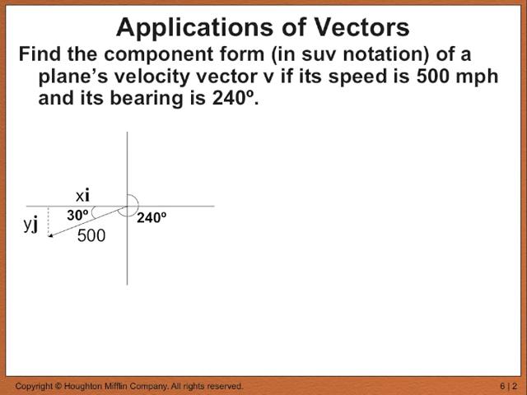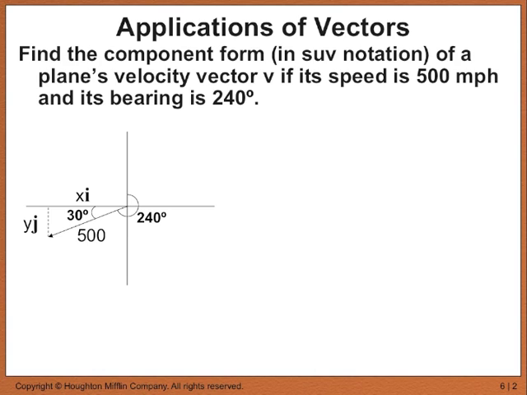So this is the kind of sketch that you should have come up with. You have your angle of 240 degrees, which is clockwise from north, aeronautical bearing. You have your velocity vector, and it has a magnitude of 500. I can put in a reference angle of 30 degrees because that's just 270 minus 240.